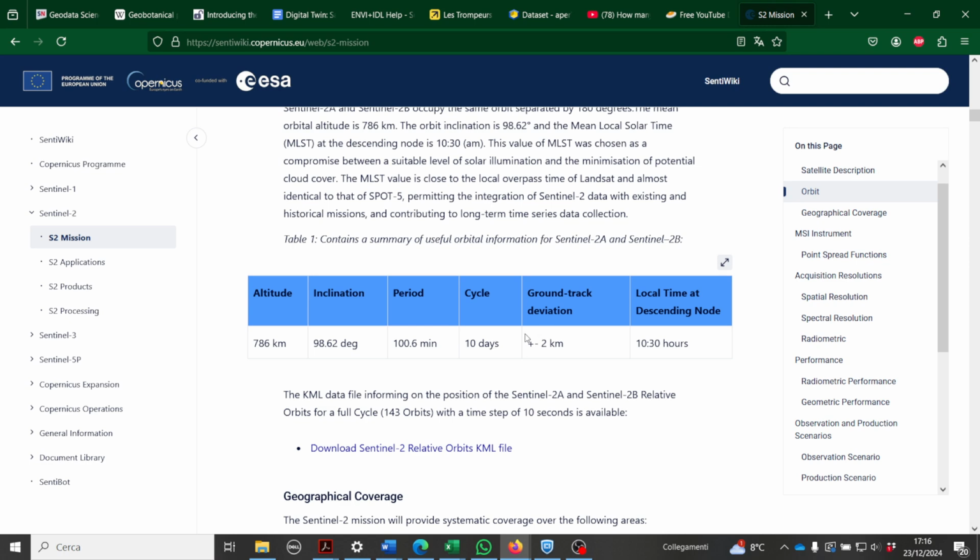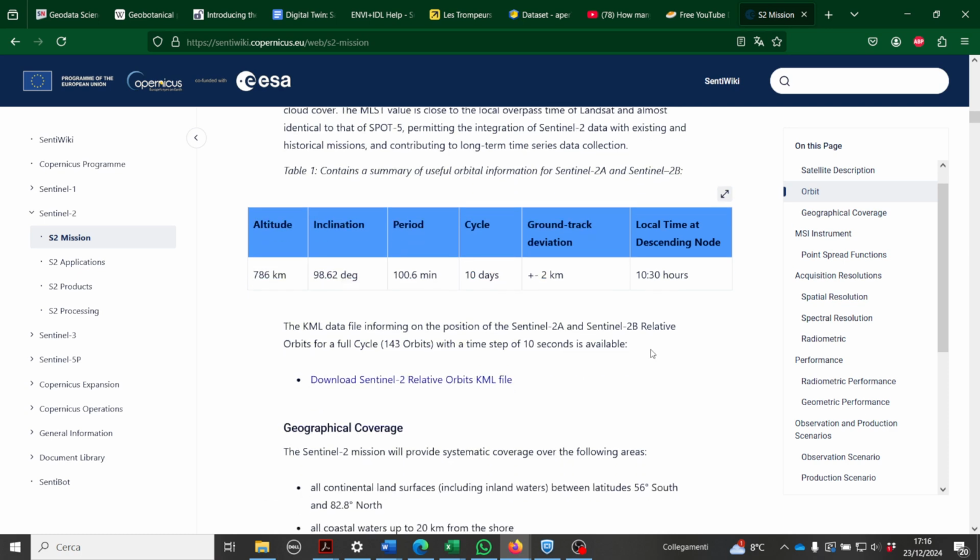What does it mean? That at the equator, the satellite is passing over the same area every 10 days. That means that we have a repetition time of around 10 days, and this passing is always at the same local time, that is around 10:30 a.m.